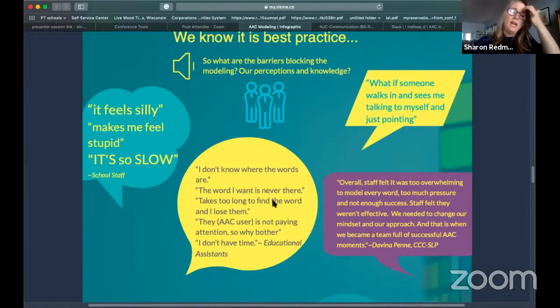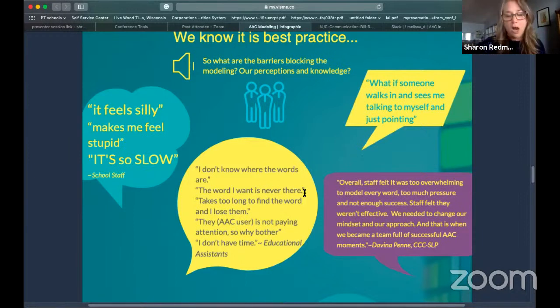So, "the word I want is never there." We really worked on, again, using a search within the systems to be able to find that. And then talk about and explore, if a student didn't have the word that they wanted, right? There's only so many words that can be packed into an AAC system. So if they didn't have the words, what would they do?